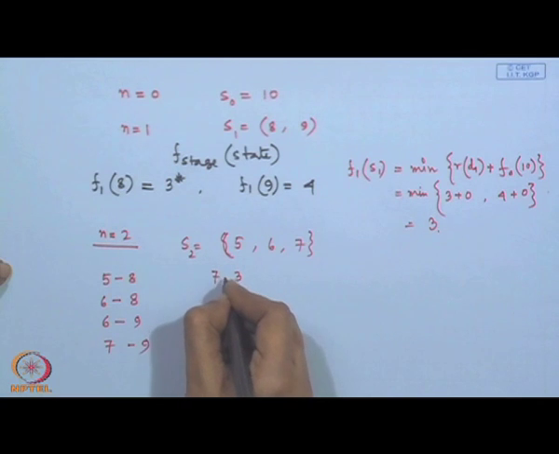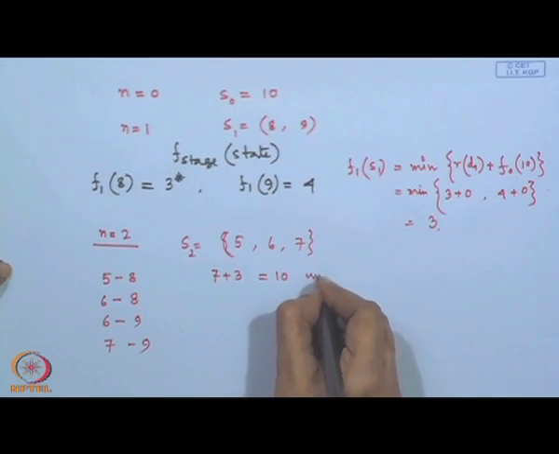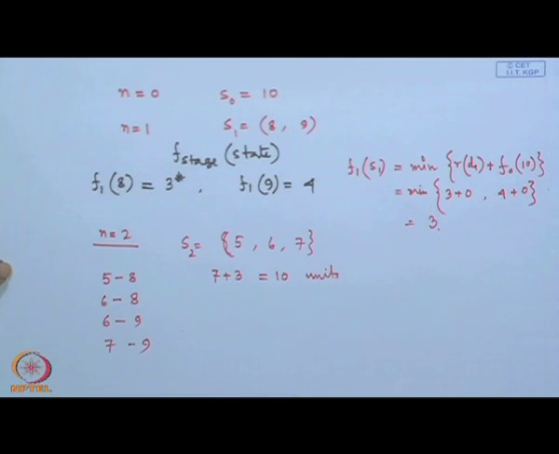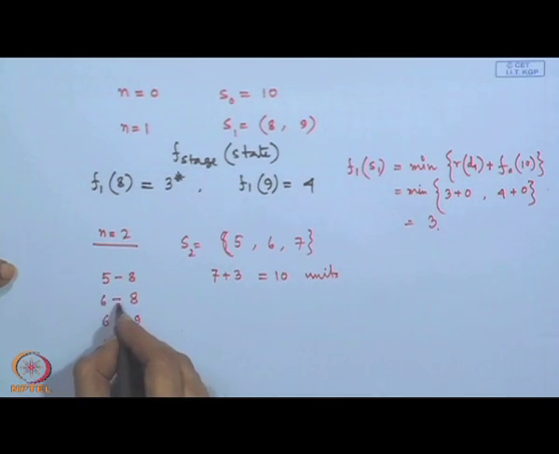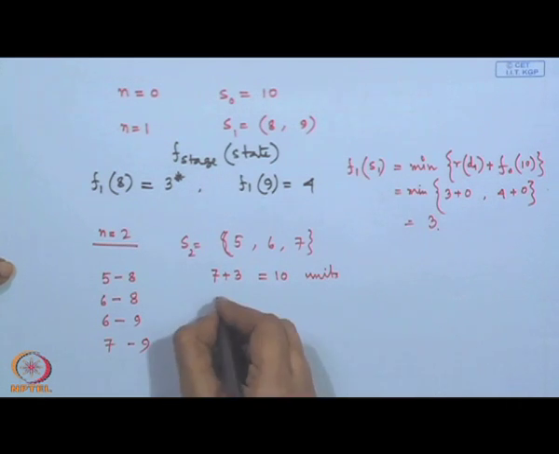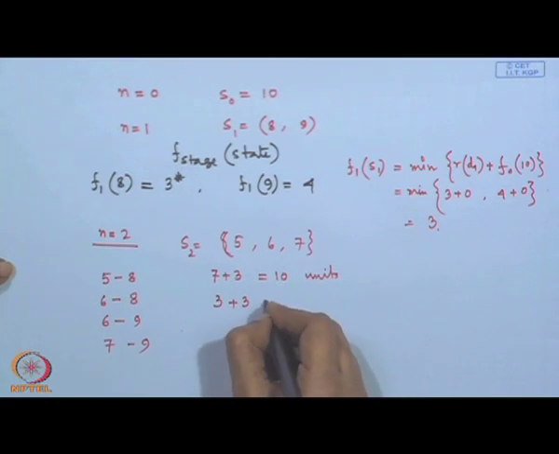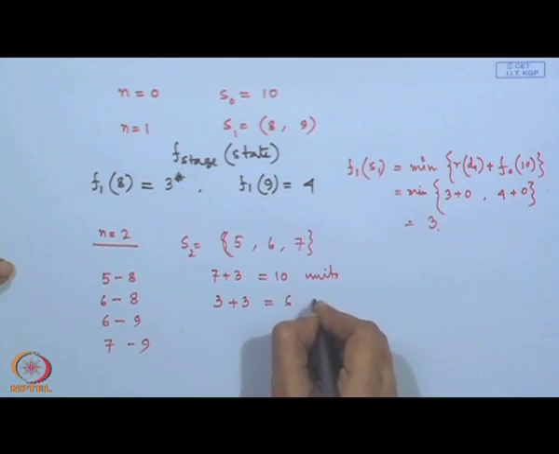That is why it is 7 plus 3, equal to 10 units, say 10 rupees. If I move 6 to 8, the immediate cost I have to incur is 3, and the previous one is again 3, because at point 8 it was 3, that is why we are getting 3 plus 3, 6.